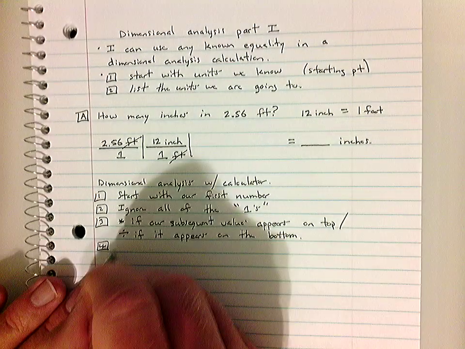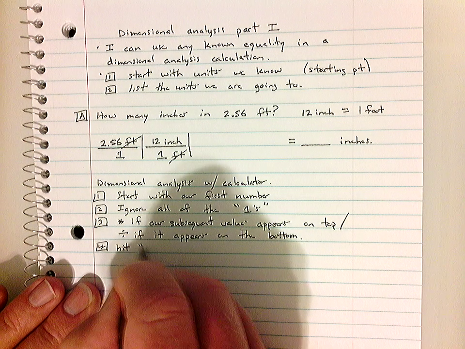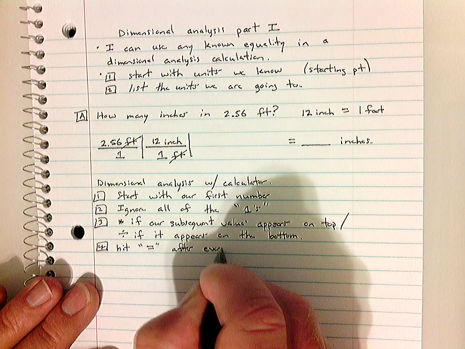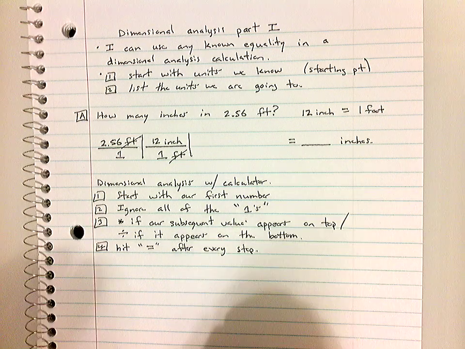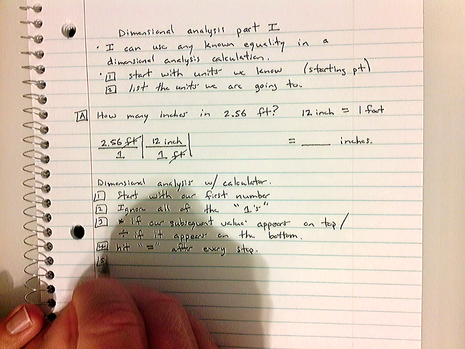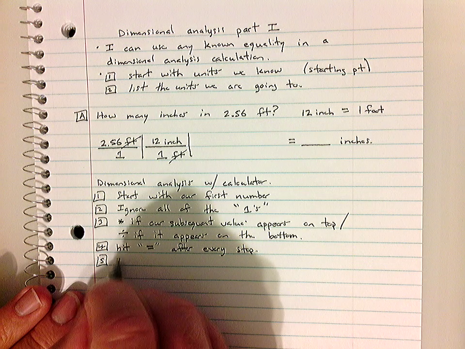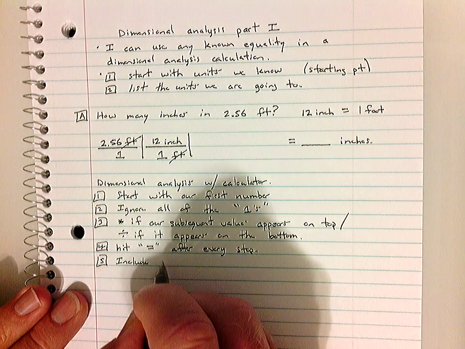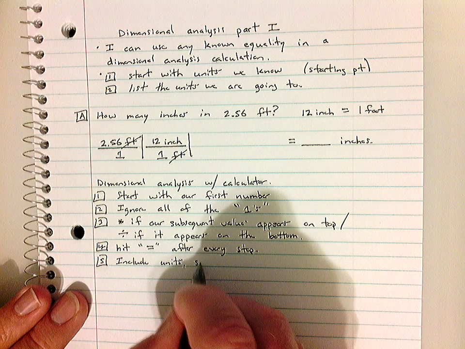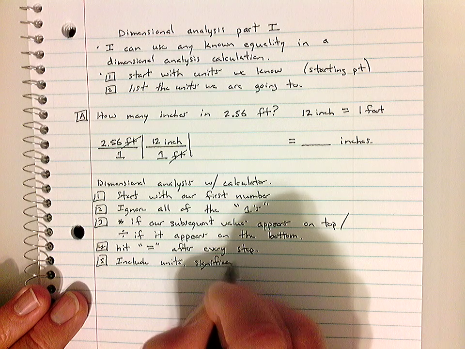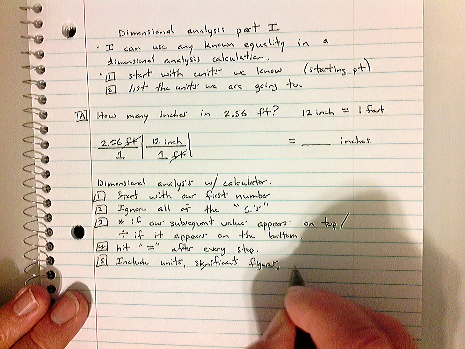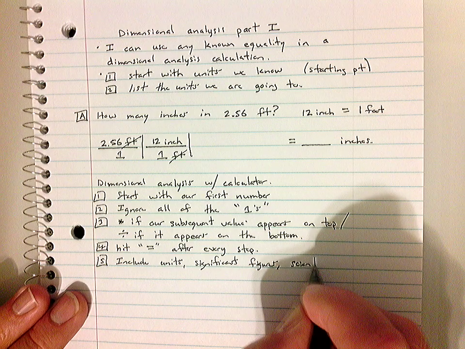Our fourth rule is we are going to hit the equal sign after every step. And as we are asked, we are going to include units, significant figures, and when it makes sense to represent numbers this way, scientific notation.